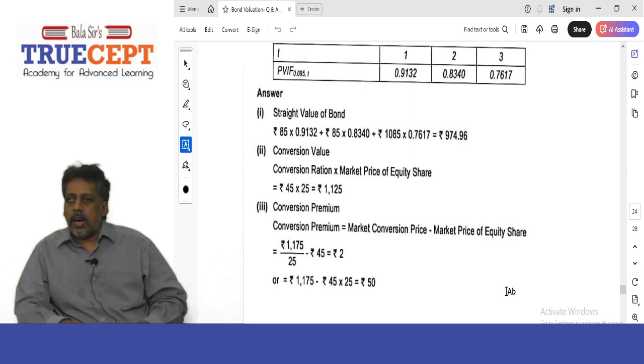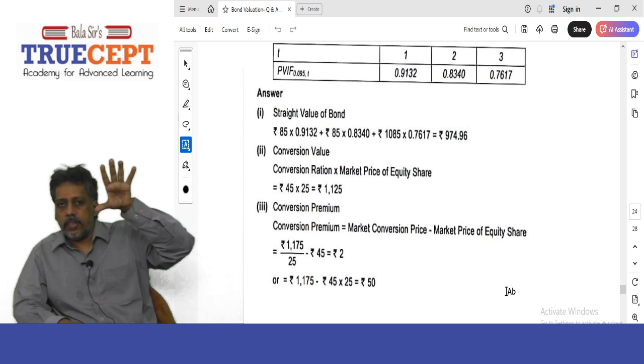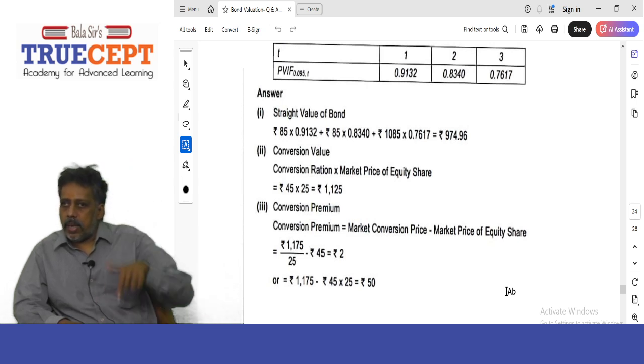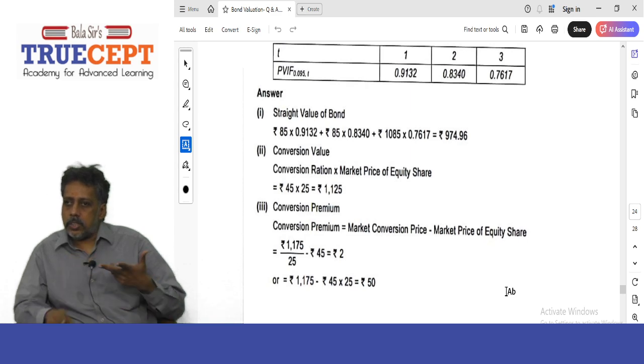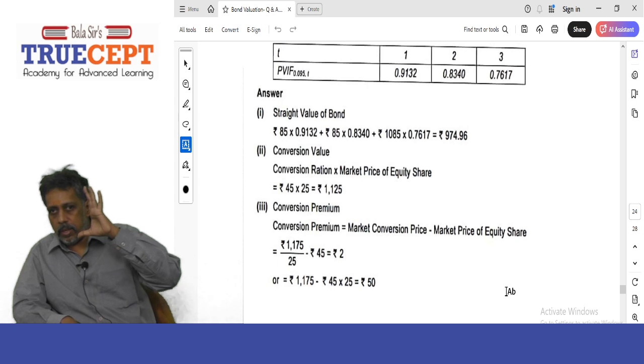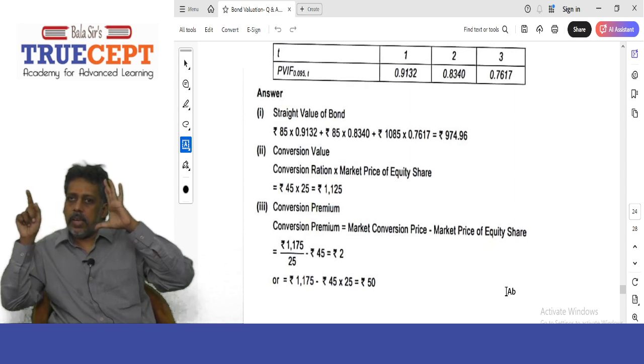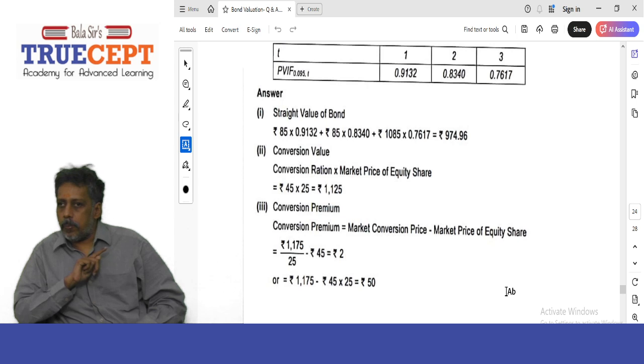The bonds are currently trading at 1,175 rupees and divide that by the conversion ratio, which is 25 shares. So what is 1175 by 25 shares? You get 47 as your market conversion price, minus the price per share of 45 rupees.